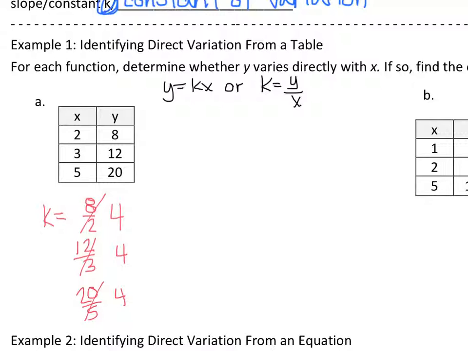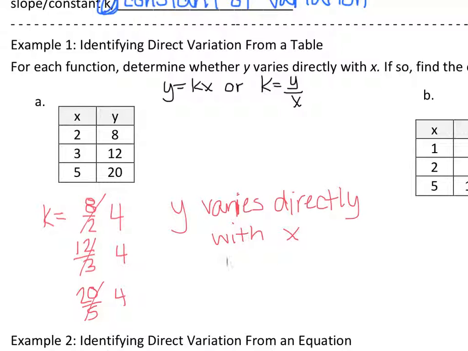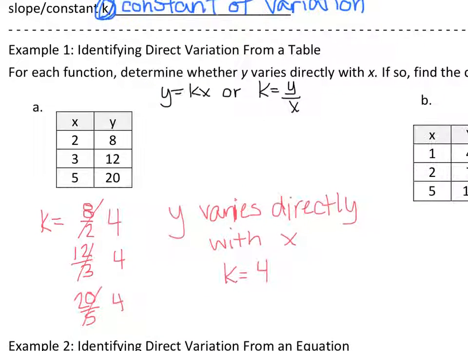Since they match, that means y varies directly with x. What is our constant of variation? What does k equal? 4. And then it told us to write the equation. All you have to do is take that k and plug it in right there. So y equals 4 times x is our equation.